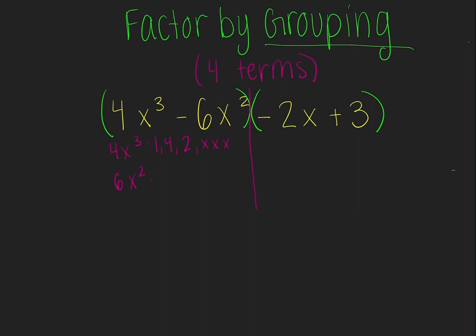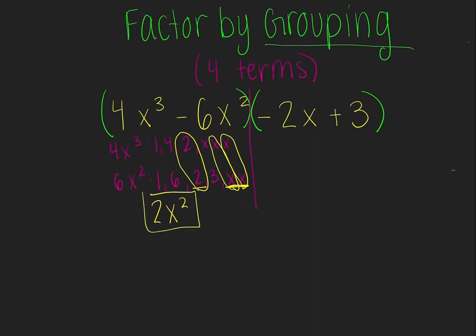The factors of 6 are 1 and 6, 2 and 3, and I have 2 x's. So let's circle. The biggest number I see they have in common is this 2. And they have 2 x's in common. So my greatest common factor is 2x squared. See, I have 2 and 2 x's.